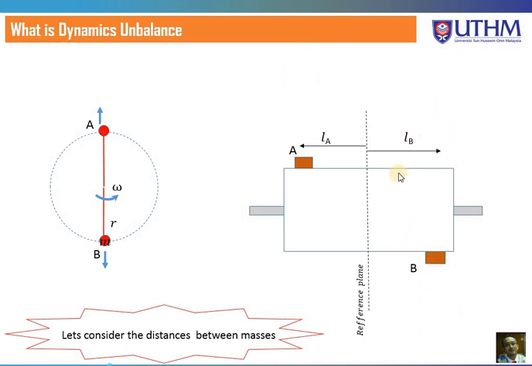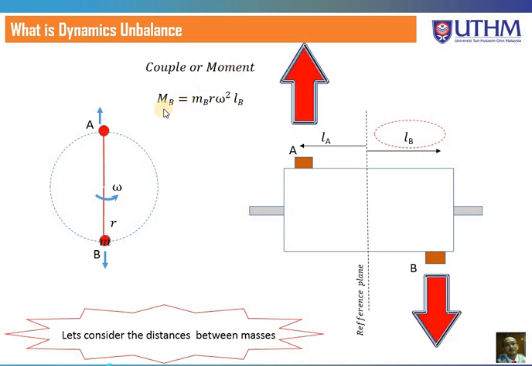So this is the magnitude of the moment created by mass B. This is moment B, which is mass of B times radius, where radius is the distance from the mass to the center of rotation, times omega squared, where omega is the angular velocity.